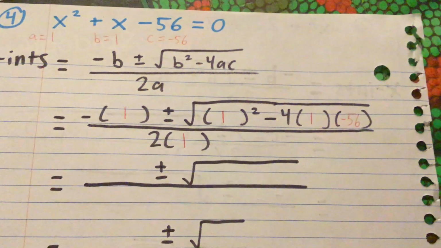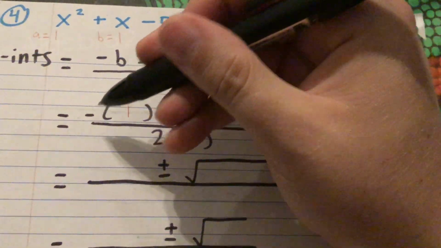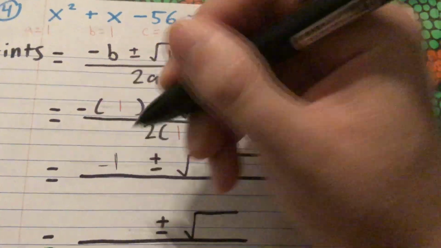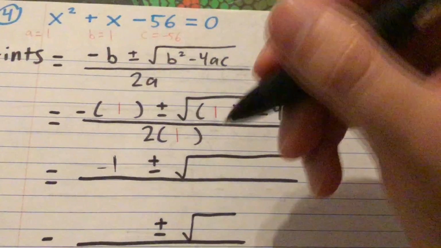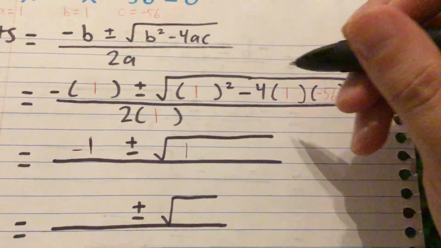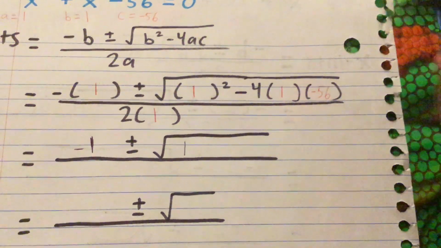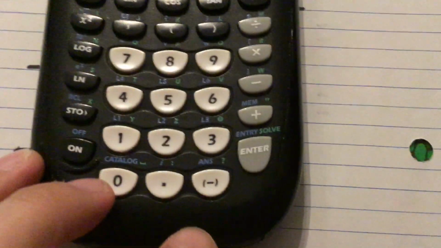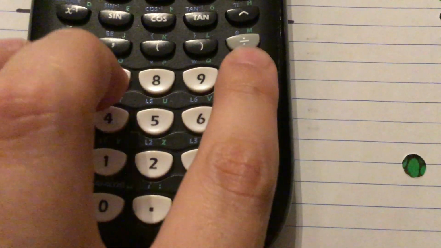Okay, so now let's plug it in. Negative 1, there's no double negative, so I'm very happy about that. Negative 1, plus or minus the square root of 1 squared, well, 1 times 1 is 1, minus 4 times 1 times negative 56.